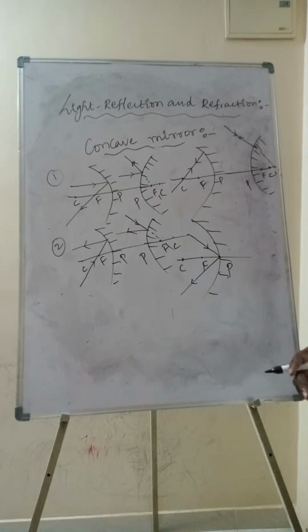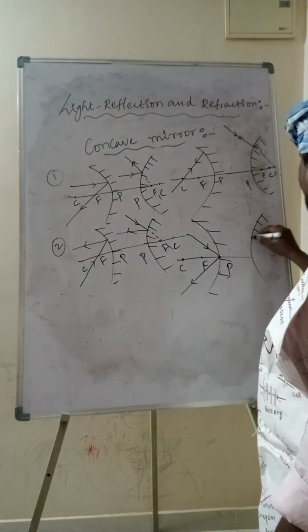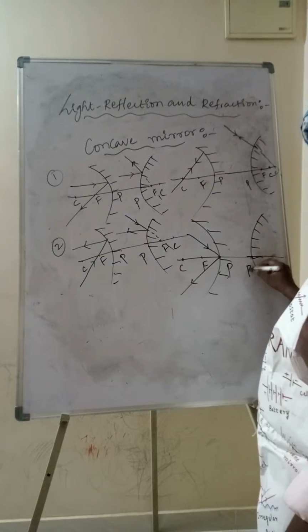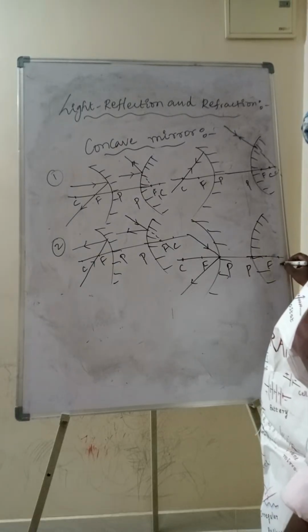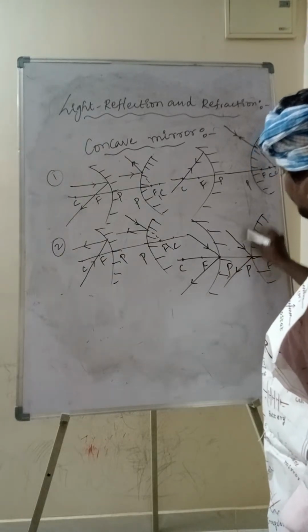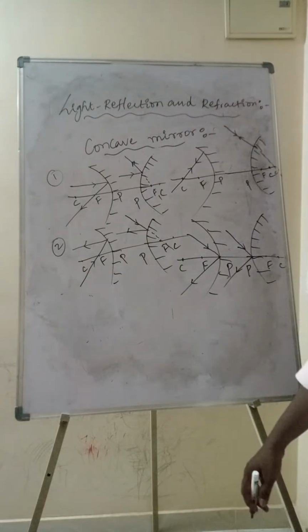Next, we can see the light ray incident at the pole. Considering the pole, focus, center of curvature, a light ray incident at the pole will reflect back. Okay, so these are the ray rules.